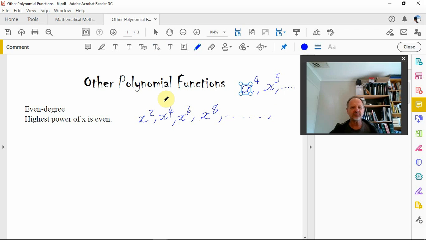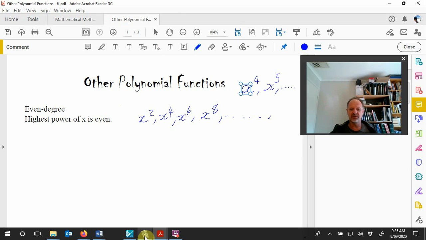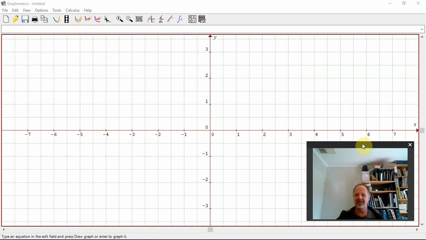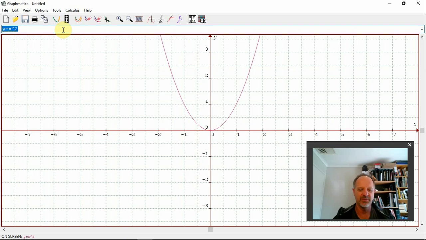So if we just have a bit of a squiz here, if I type in a few things, y equals x squared, we know what that looks like. Y equals x to the 4, and we know what that looks like.